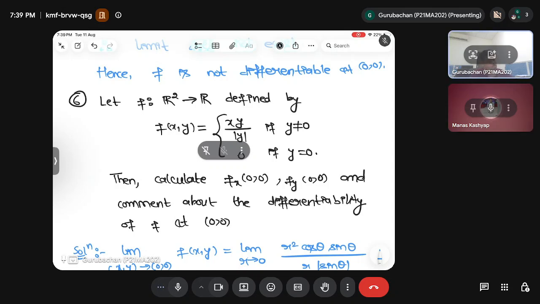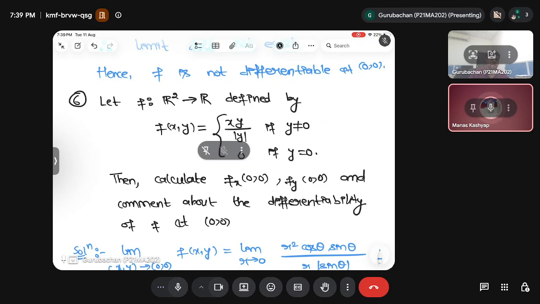Then what is the mistake we are making in this particular approach? Domain is 0 to infinity. Sorry, the function is only defined on the right hand side.